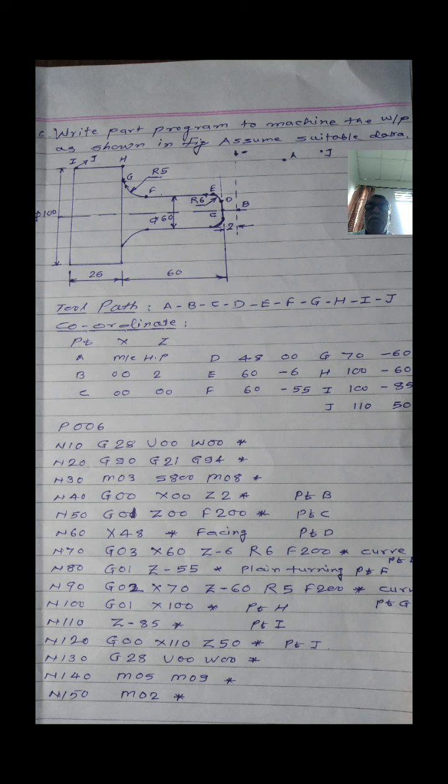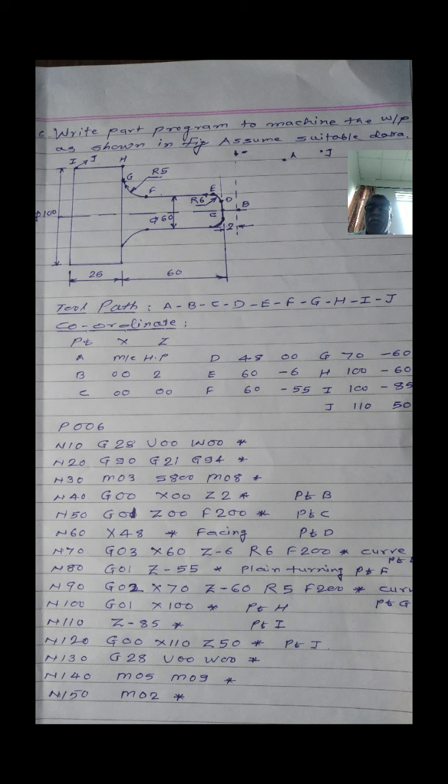Then you have to move the tool from point G to H with the linear interpolation function, that is block number 100, G01, X100, end of the block. Okay, means the tool will move along the X direction only, Z remains constant. Then in the next block, you have to move the tool from point H to I. Here you have to mention the coordinates of point I, that is block number N110, Z minus 85.